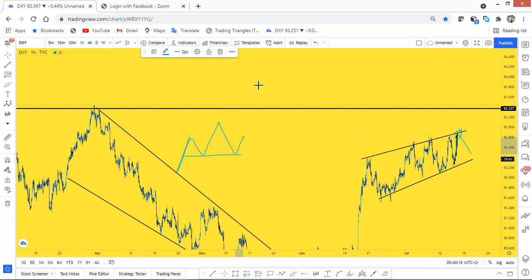Okay, let me just quickly mute. A further push to the upside gives us the right shoulder, and then finally we get your reversal. This is your left shoulder, this is your head, this is your right shoulder. This is called the head and shoulder pattern.